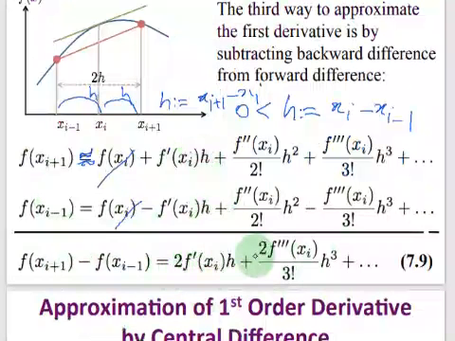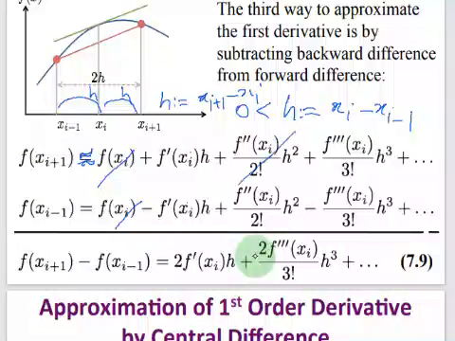You can cross this one as well, cross these two as well. Here we subtract this one from the first one, right? Then we get left hand side, right hand side, 2 times f prime of xi times h, 2 times of this.